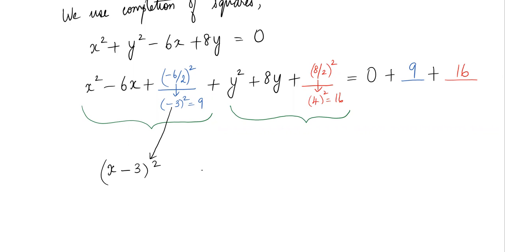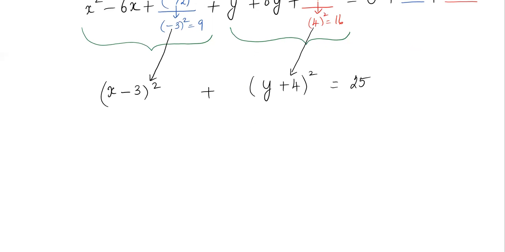That becomes the first binomial plus y, that's a positive 4, plus 4, the whole square. And on this side, add the 9 and the 16, you get 25. So now I'll clean it up, bring them closer. x minus 3, the whole squared, plus y plus 4, the whole squared, equals 25.